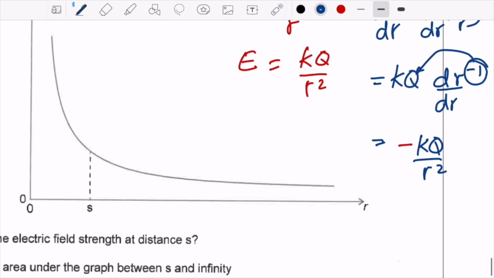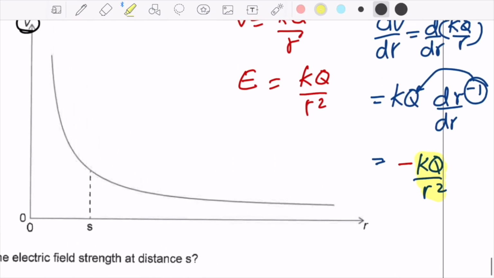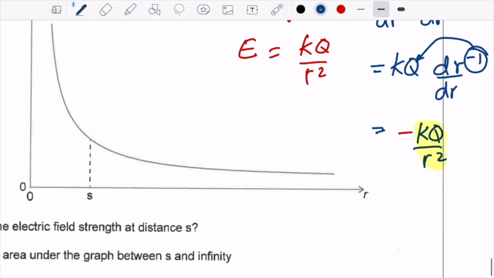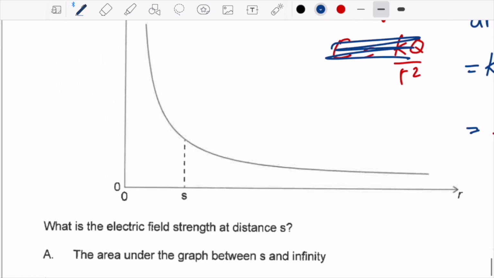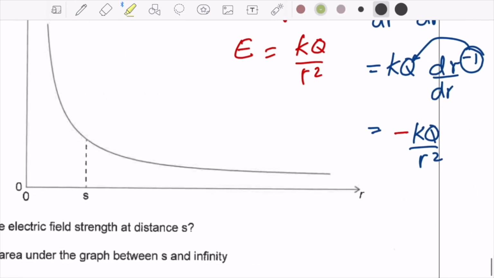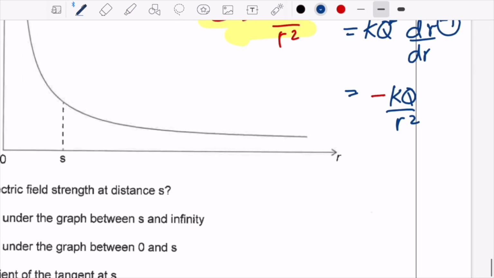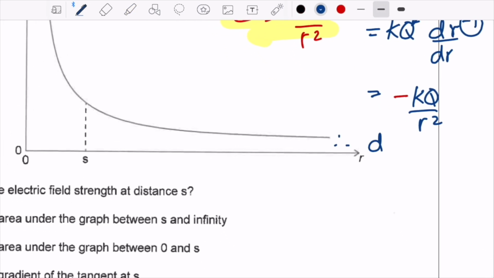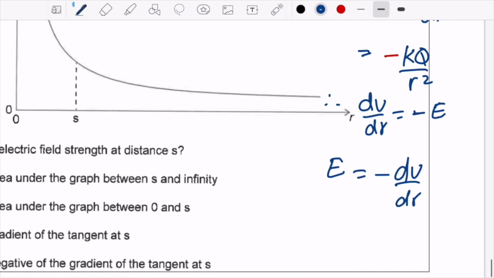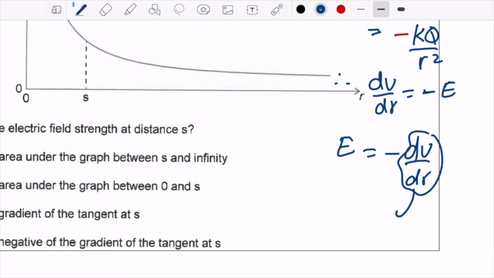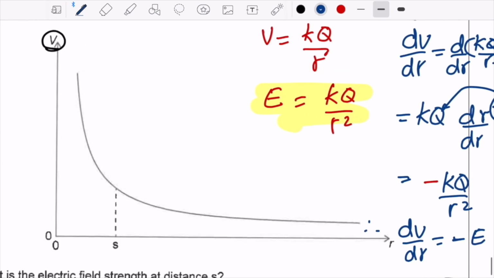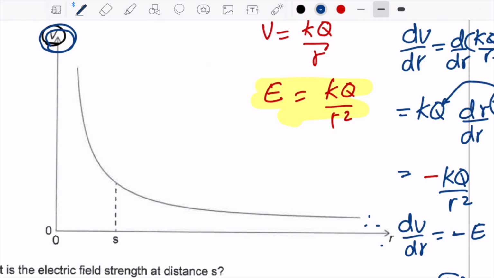If you look at this equation, kQ over r squared is numerically the electric field strength, right? So I can understand that dV over dr is minus the electric field strength, or electric field strength is minus dV over dr. This is the gradient of this graph, because the graph is potential against distance.